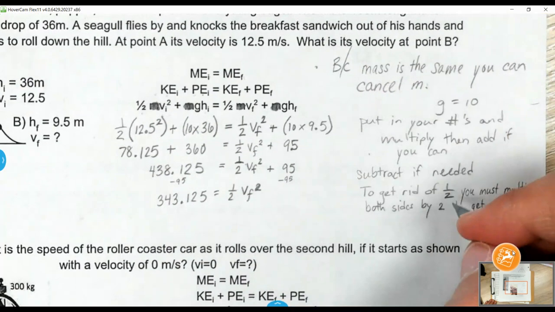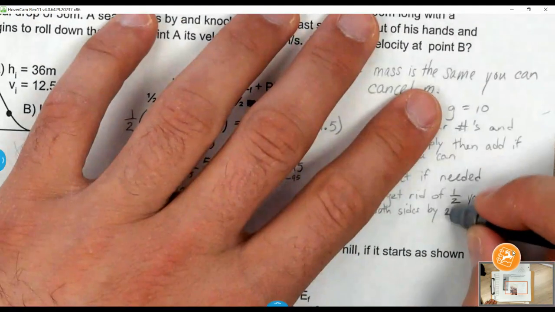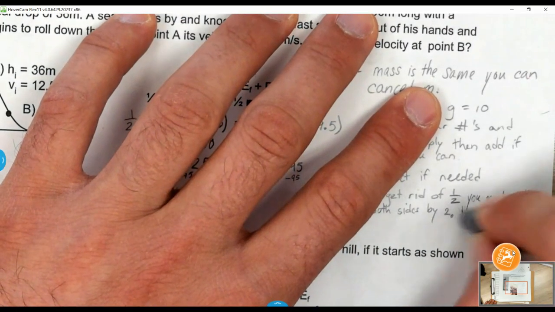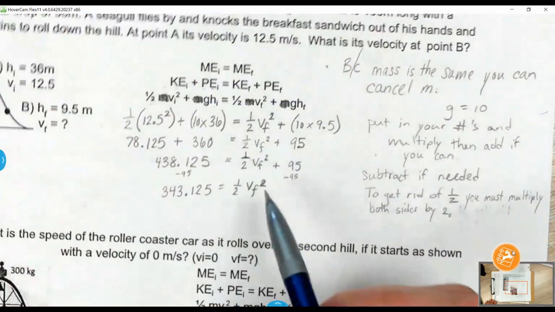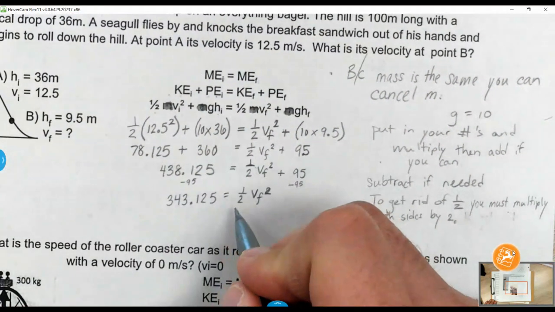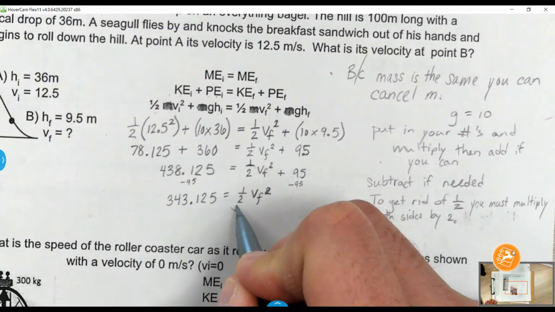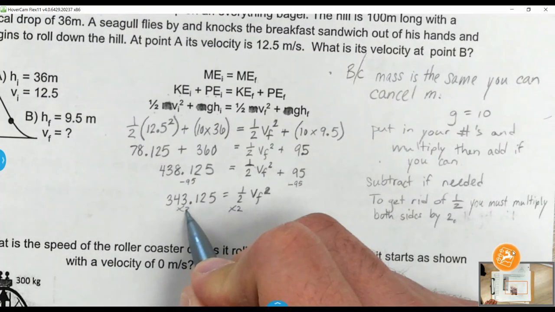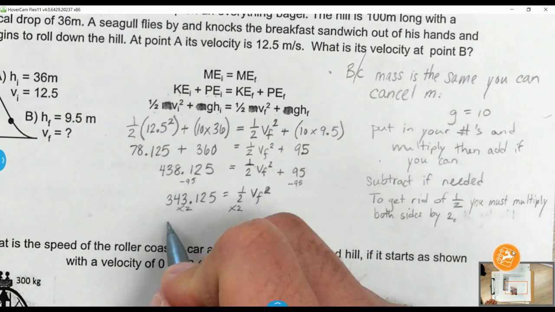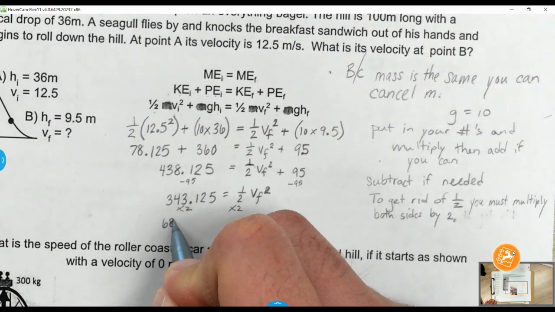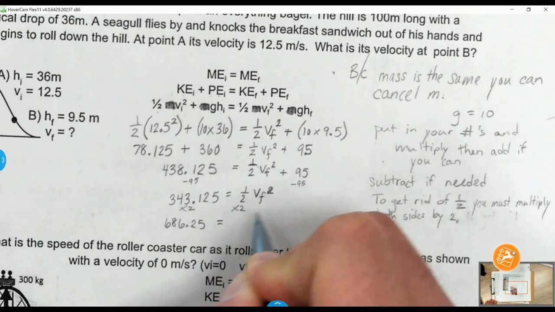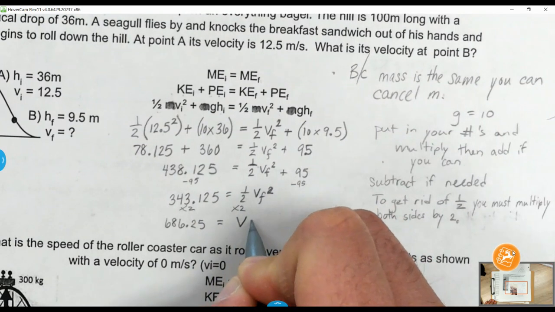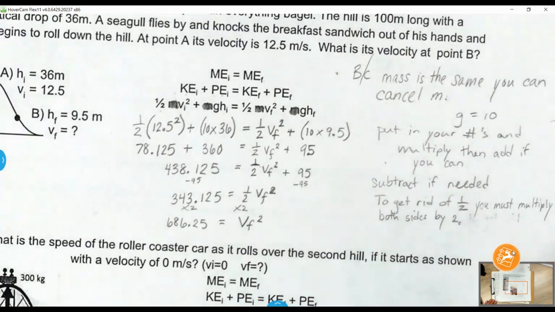Sorry. So let me back up for a second. We'll add that in the next step. Got ahead of myself there. Okay, so to get rid of this 1/2, we got to double both sides. This value becomes 686.25, and that leaves us with just v_f squared.